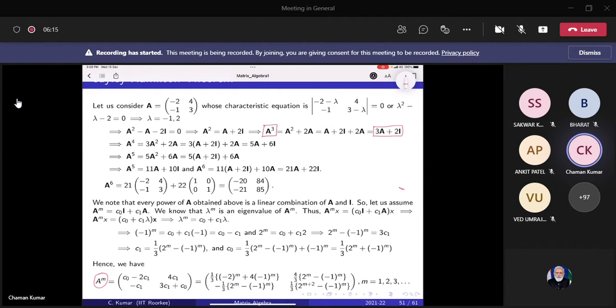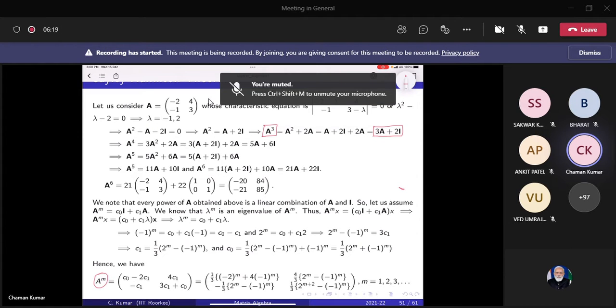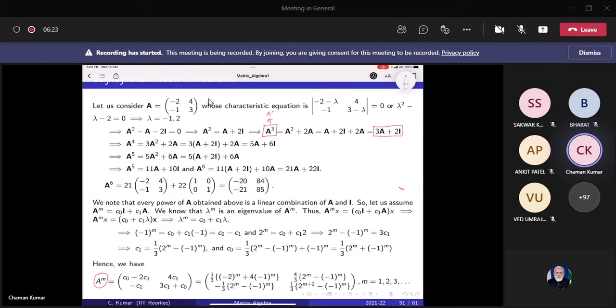Now you multiply both the sides again by A. So this A raised to 3 will become A raised to 4. And on the right hand side, you have 3A square plus 2A. Now we have A square again on the right hand side. So we can use this value of A square.